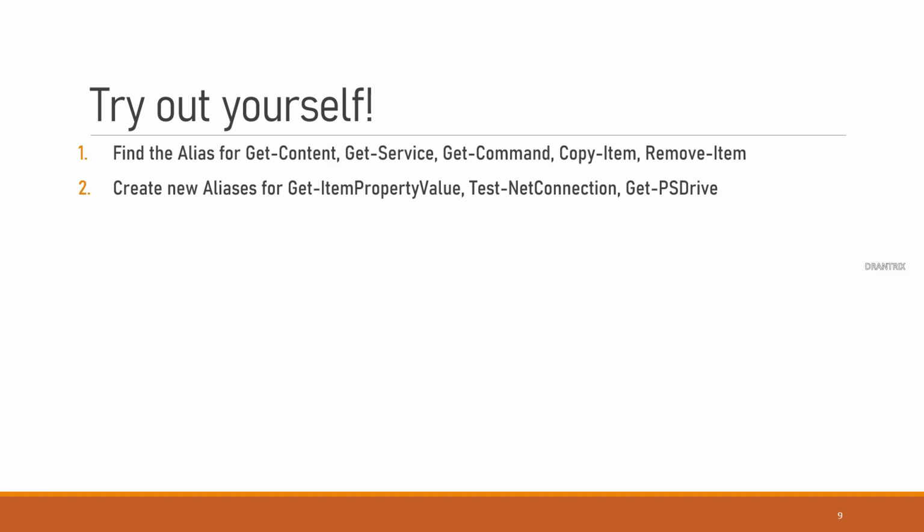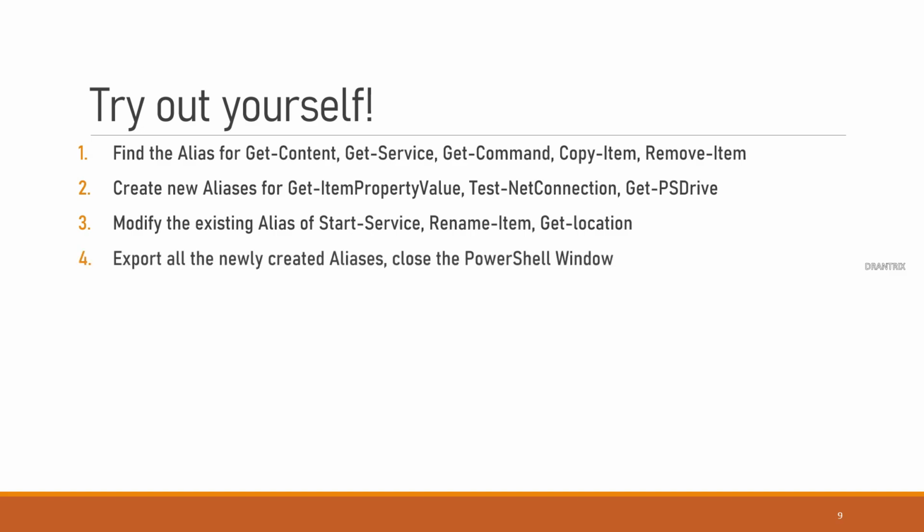And you have to create aliases for Get-ItemPropertyValue, because it doesn't have aliases by default. So you're going to create one, and create for Test-NetConnection and Get-PSDrive, and modify the existing alias for Start-Service, Rename-Item, Get-Location, and then export all the newly created aliases, close the PowerShell window, open a new window and import all the newly created aliases.